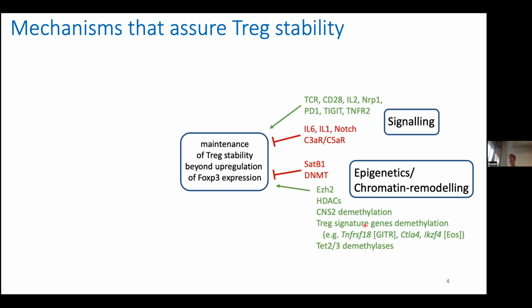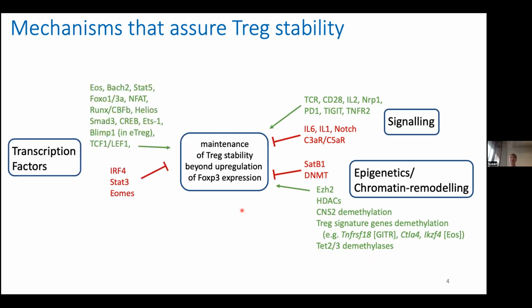Then, of course, the hypomethylation of FOXP3 itself, the CNS2 region of FOXP3 itself, of the Treg signature genes, CTLA4, EOS, Helios, GITR, etc. And EZH2, maybe we get to that later as well. Transcription factors, of course. Transcription factors that are related to pro-inflammatory transcriptional circuits are a threat to stability. I mentioned STAT3 already.